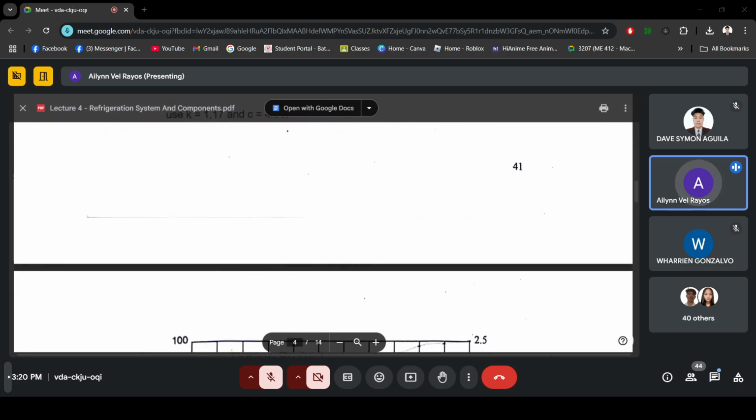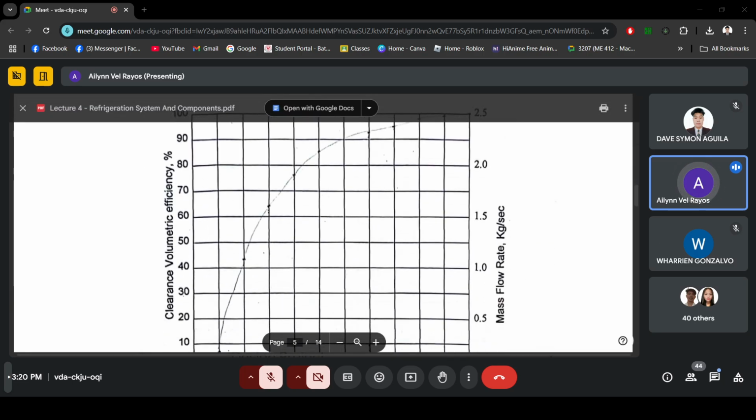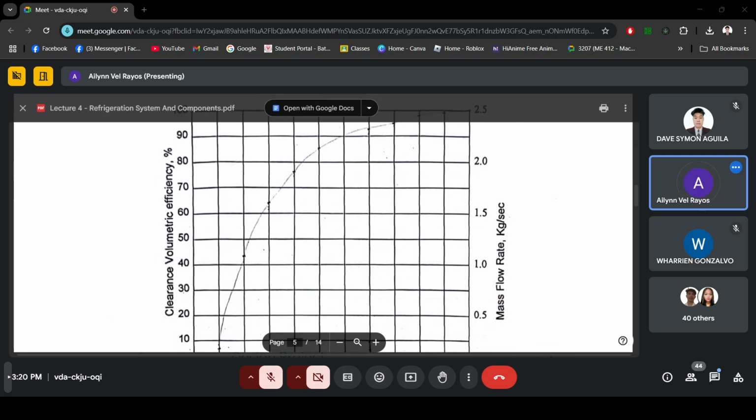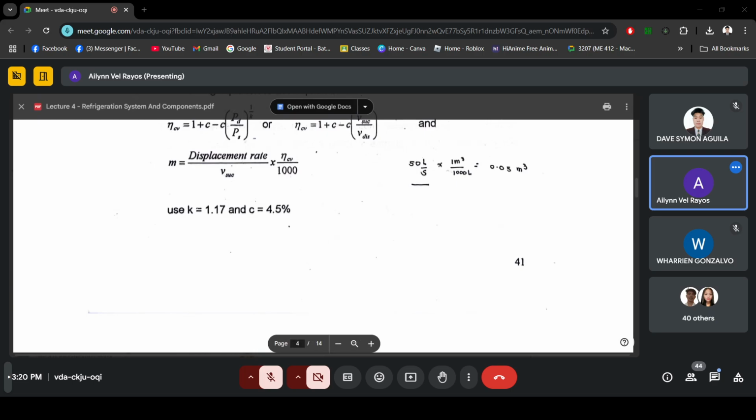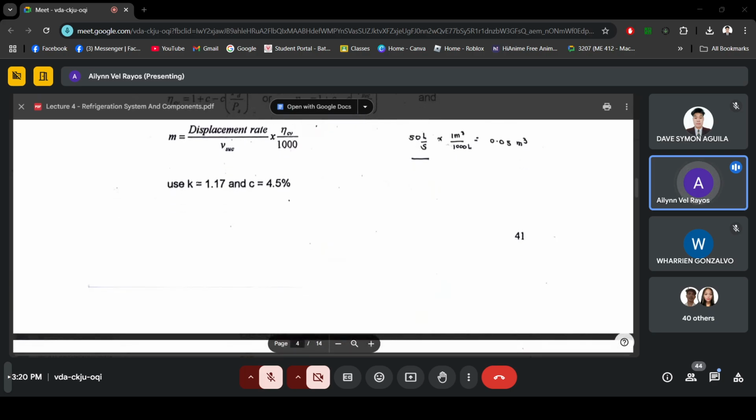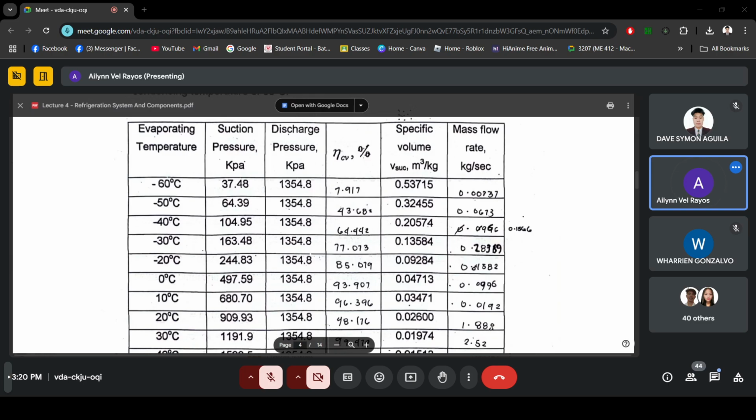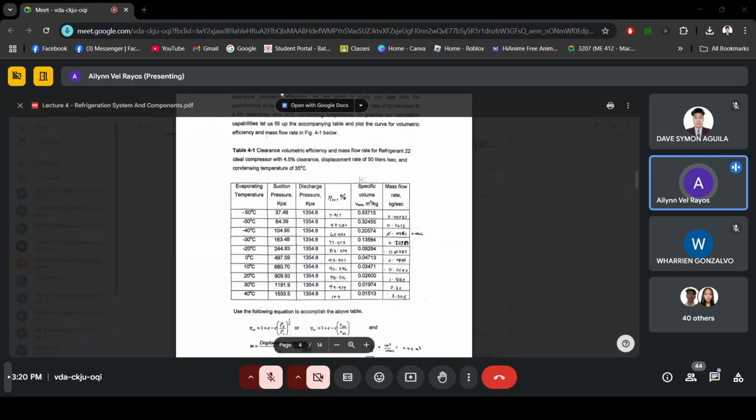Based on the graph values for this, these are the computed values of the clearance volumetric efficiency and the mass flow rate.